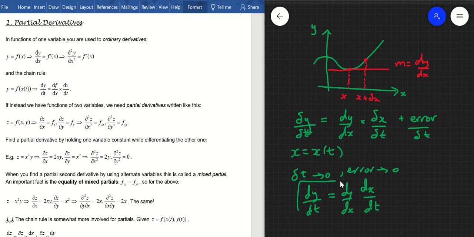And so that's where we get our chain rule, roughly speaking.